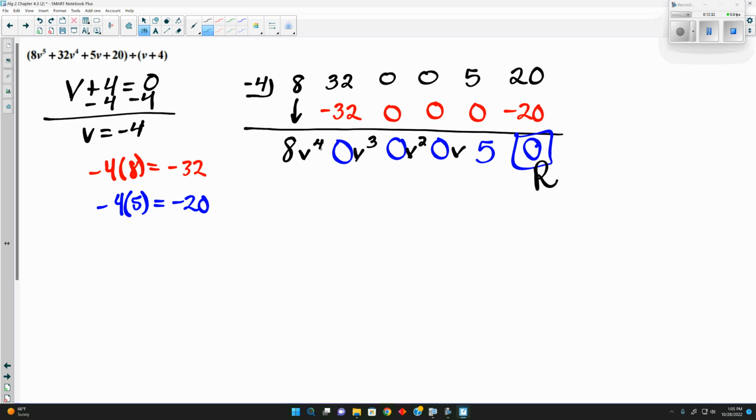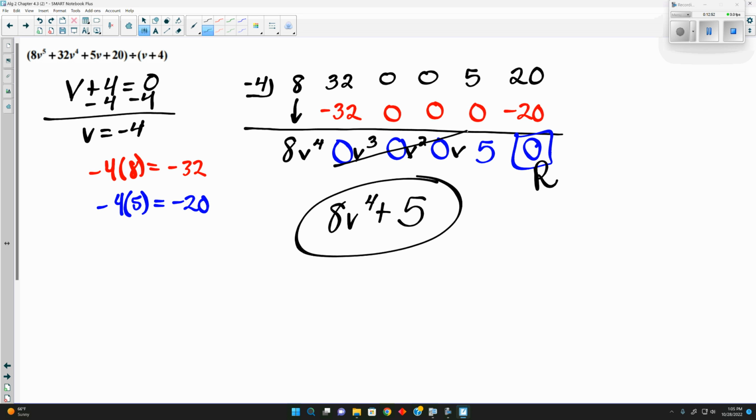So if we wrote this out, our first one would be 8v to the 4th plus 5, because I don't need to include 0v to the 3rd or 0v squared or 0v. They're all just 0. These are all gone, so we're just left with 8v to the 4th plus 5. That's it.